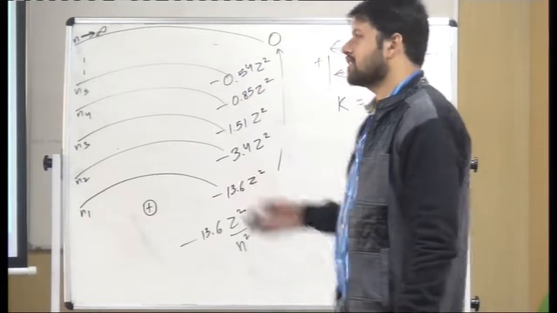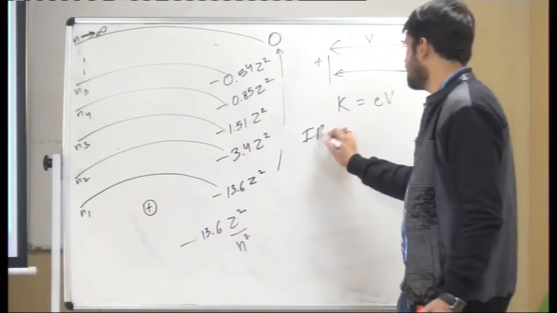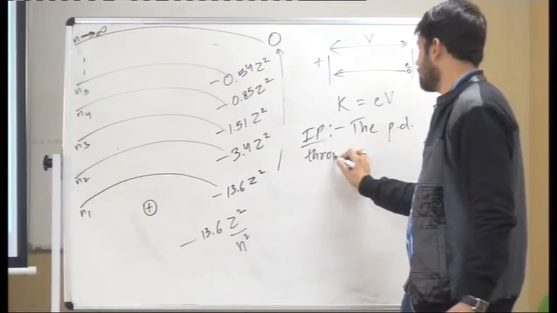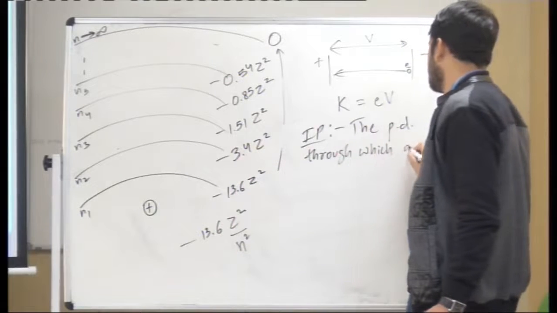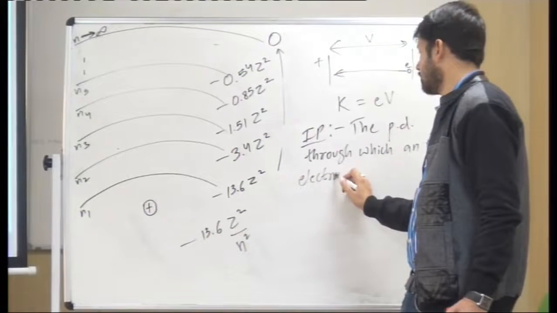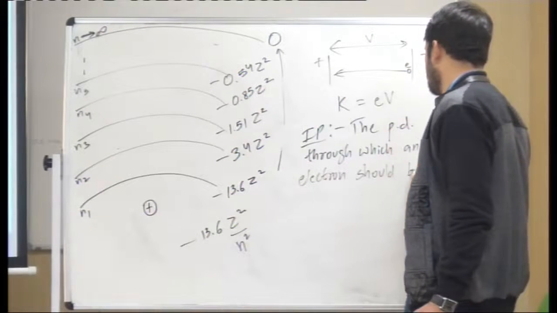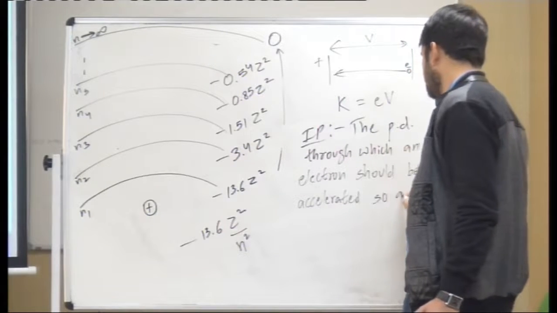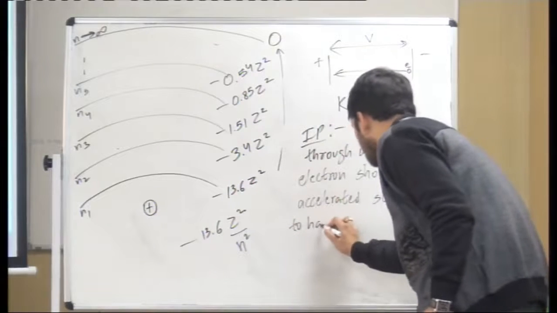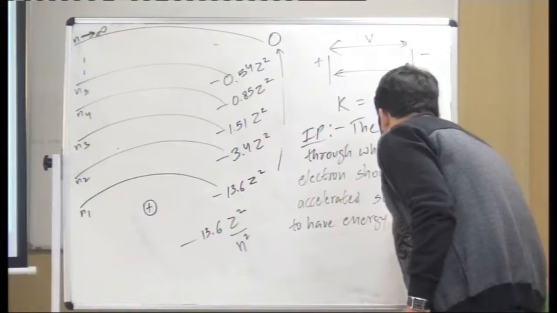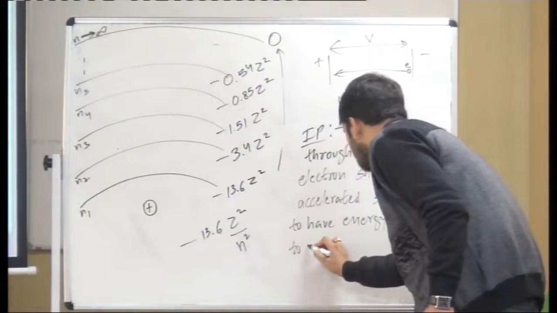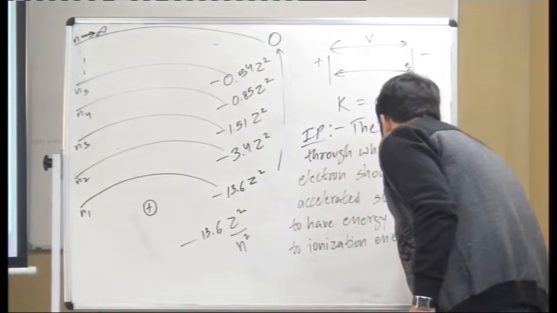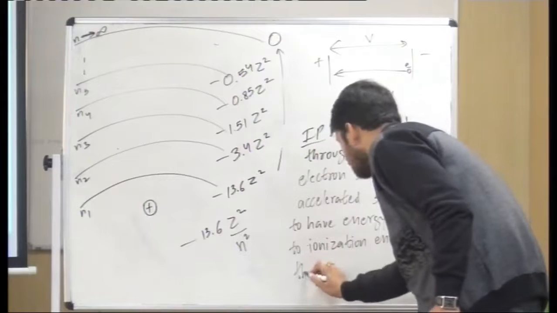So it is the potential through which the electron, I'll write IP, the definition: the potential difference through which an electron should be accelerated so as to have energy equal to the ionization energy of the species.